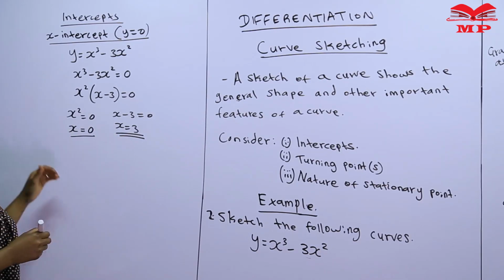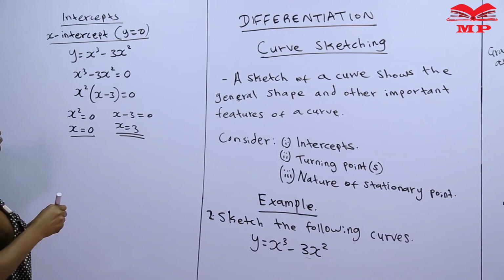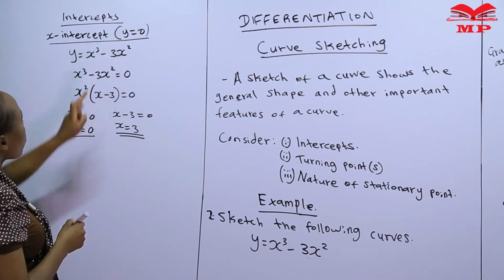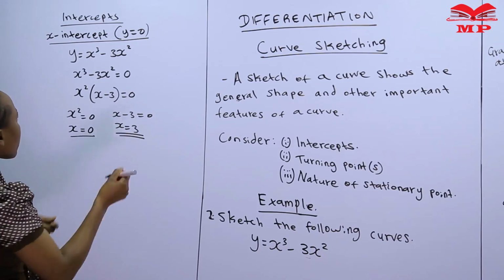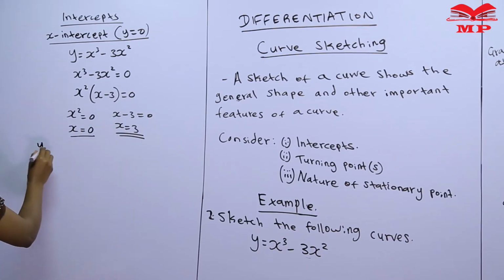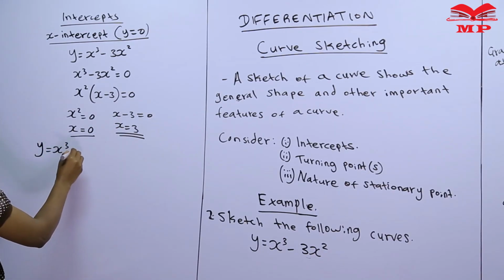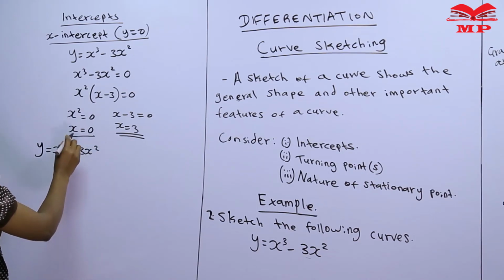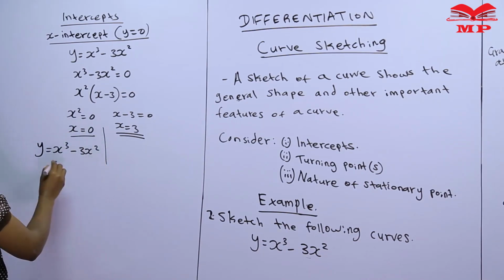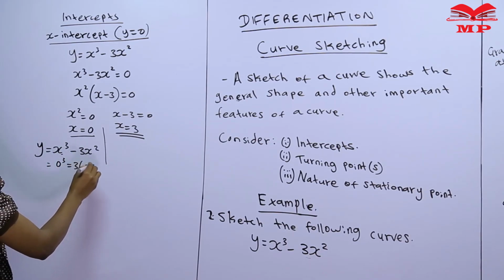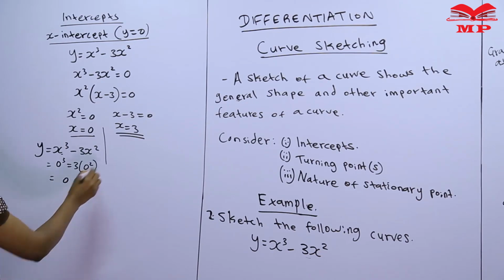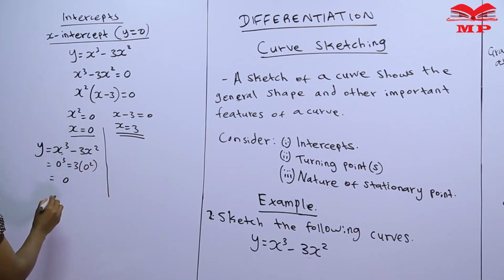Now we need to get the value of y when x is 0 and the value of y when x is 3. With y equal to x cubed minus 3x squared, when x is 0 we have 0 cubed minus 3 times 0 squared, which is 0. So we get x equal to 0, y equal to 0.